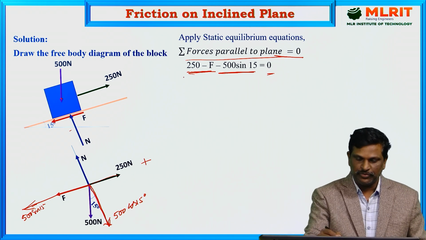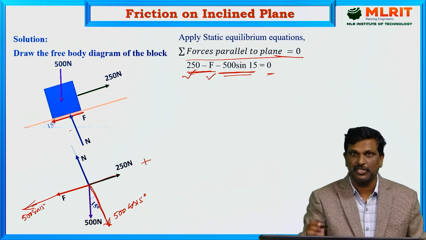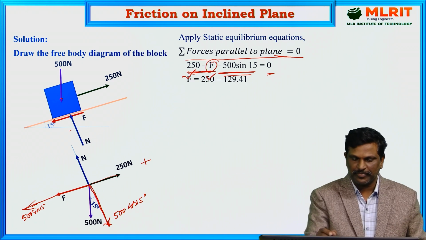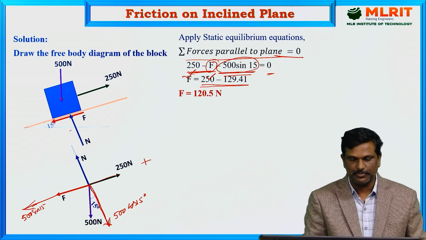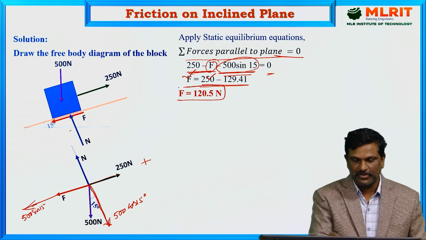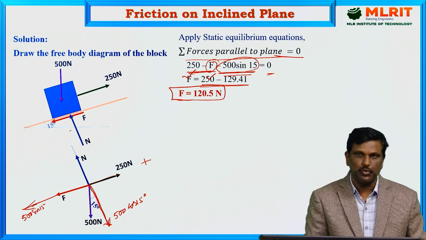Now 250 minus F minus 500 sin 15 is equal to 0. F is equal to 250 minus 129.41, that is 500 sin 15. So from this expression we can calculate the value of friction. The friction value is 120.5 newtons.